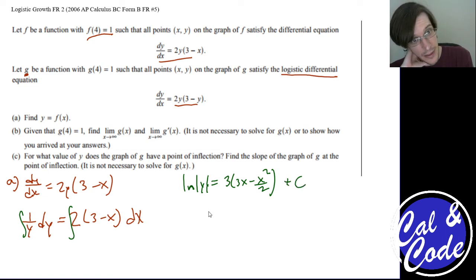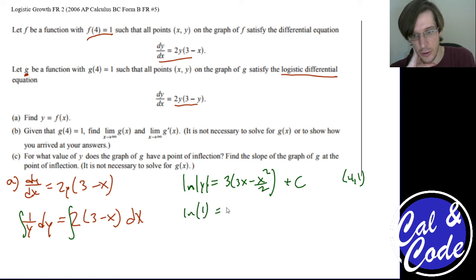I'm going to use my initial condition to find out my c. I'll put in the point 4(1). So when I put in 4(1), I get the natural log of 1 is equal to 3 times 12 minus 16 divided by 2, or 8, plus c. Natural log of 1 is 0.